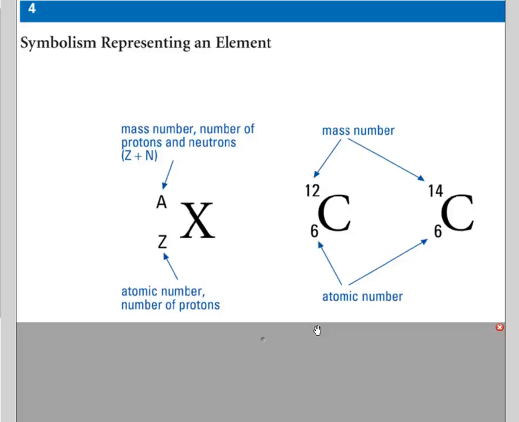When I talk about the magnesium 24, 25 and 26 isotopes, I'm referring to the mass number. We use the symbol A, capital A, which represents the number of protons and neutrons. This is the mass number. Below that is a smaller number, which represents the atomic number, which is just the number of protons, or we could think of it as the number of electrons for a neutral atom. Those two numbers allow us to distinguish isotopes.